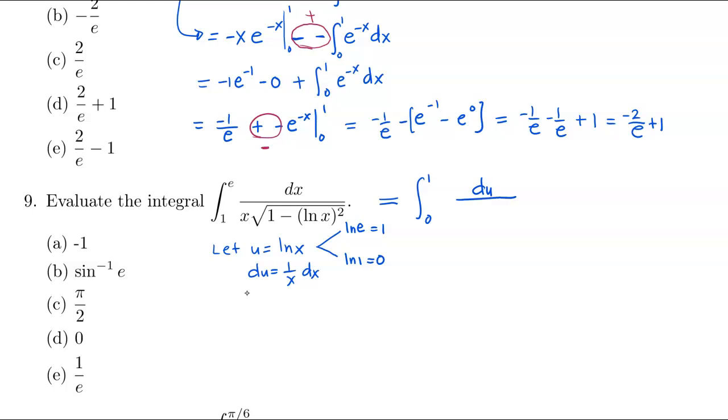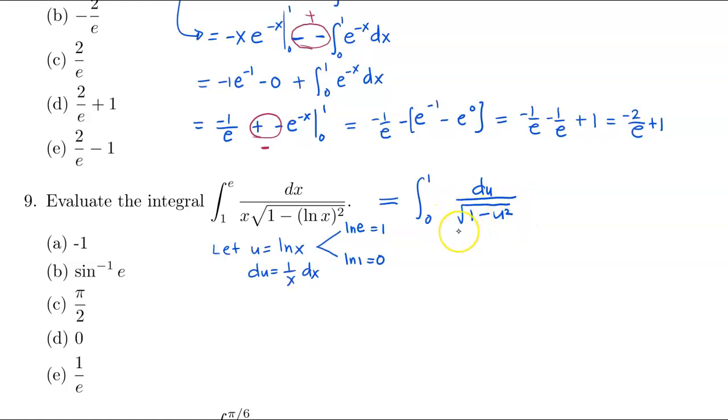The denominator is the square root of 1 minus u squared. All right, 1 minus u squared. Now, if you go to your formulas, the list of formulas, you would be able to recognize that you have a formula for this.